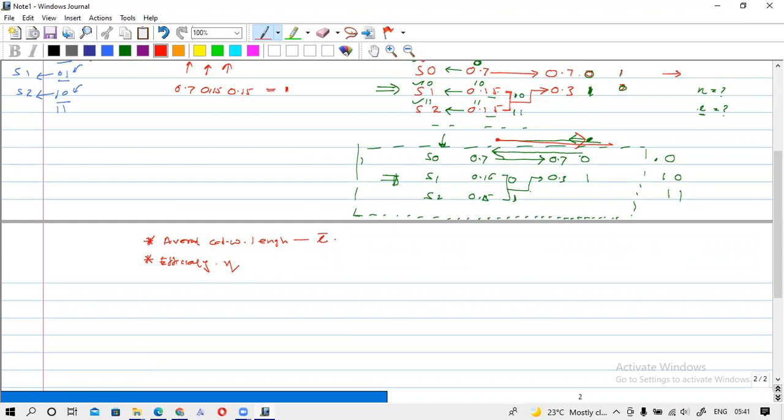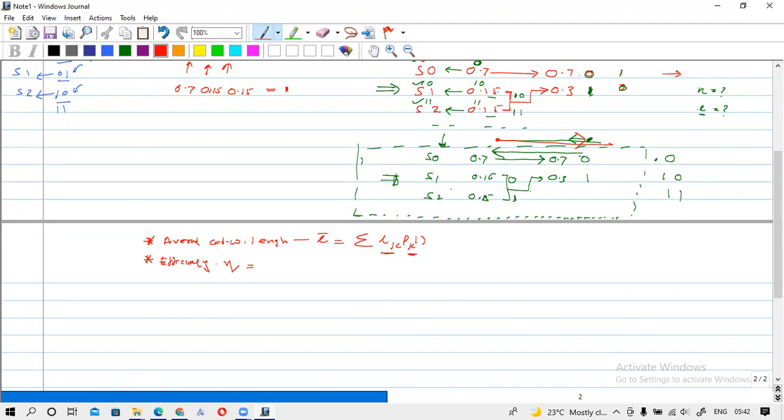I think you can remember the expression for average code word length and efficiency. For average code word length, it is the sum of LK PK. LK means the specific code length, and PK is the corresponding probability.